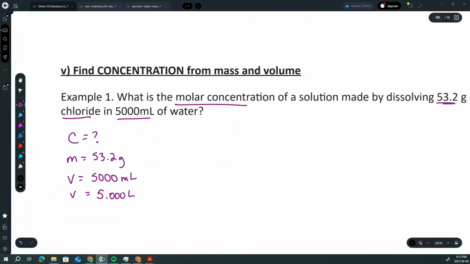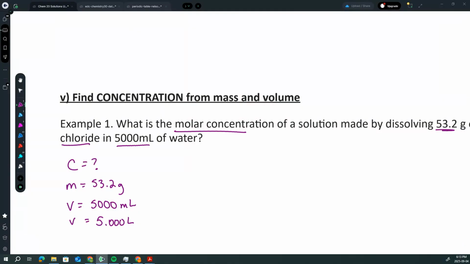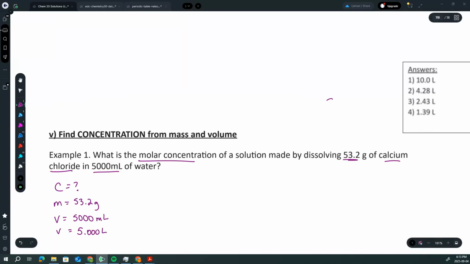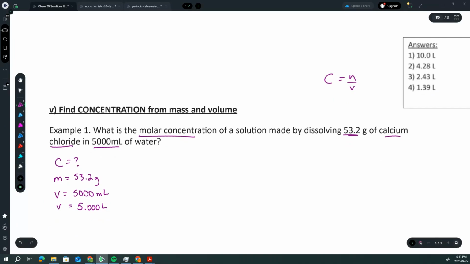Okay, so looking at the formulas that we're going to have to use here. So concentration is equal to moles divided by volume. So looking at our list of givens here, we're looking for concentration. We don't have moles, but we do have volume. So we can't use a formula if we don't know 2 variables.